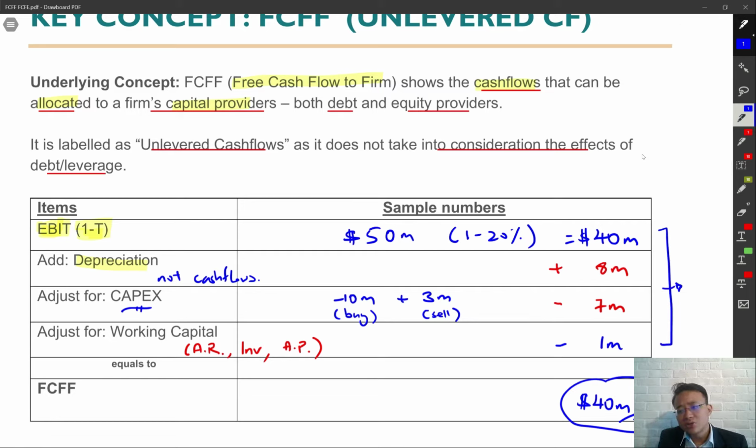Do you see any interest payments? No. Do you see any debt repayment? No. Do you see any debt raised? No. So in here, we do not consider the effects of debt. It is not factored in. So this is free cash flow to firm.